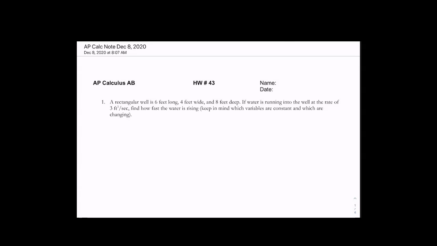I said no to Norda because she gave me a two-dimensional shape. This is not two-dimensional. Oh, is it a rectangular prism? A rectangular prism. There we go.